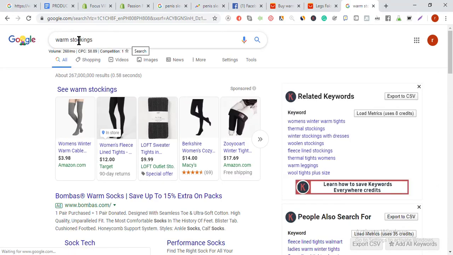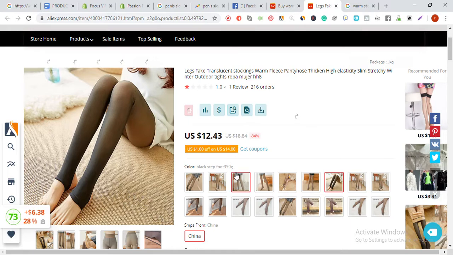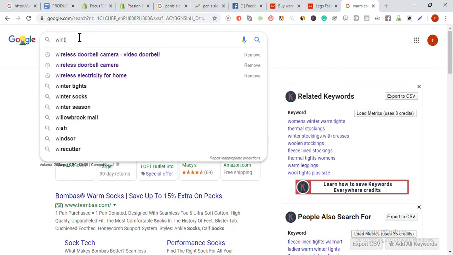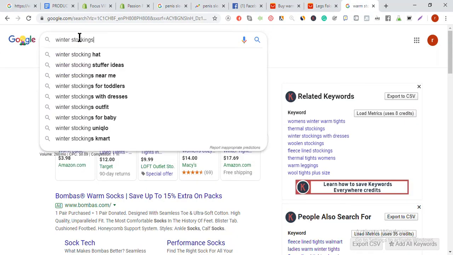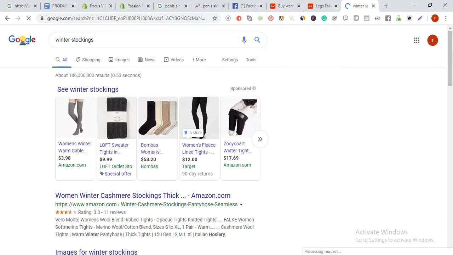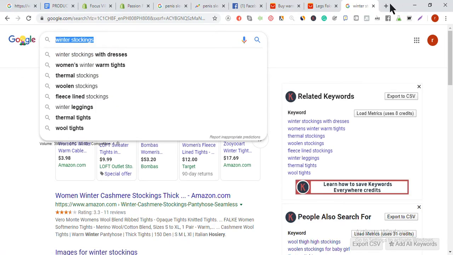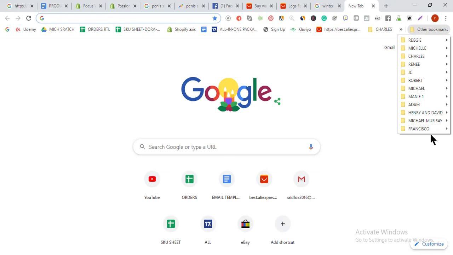Or stocking warmers. Let's see. Fake translucent warm fleece pantyhose, sticking, high elasticity, slim, stretchy, winter stockings maybe. No, it's too low. Yeah. Let's check for more keywords.